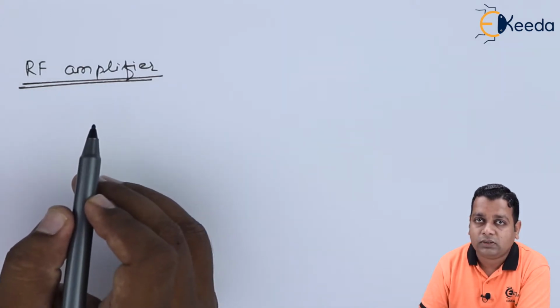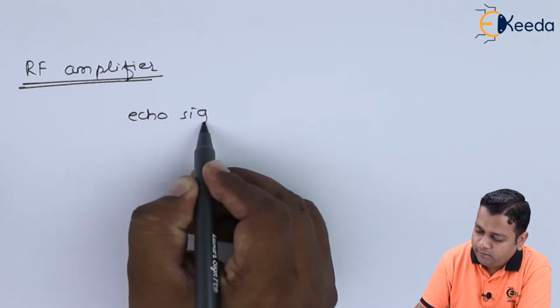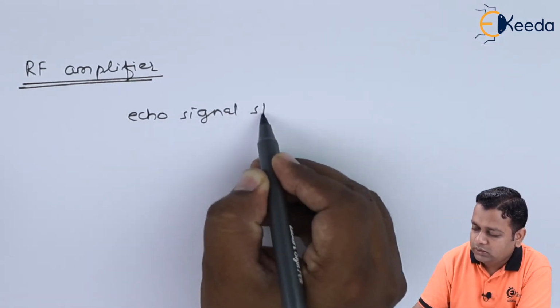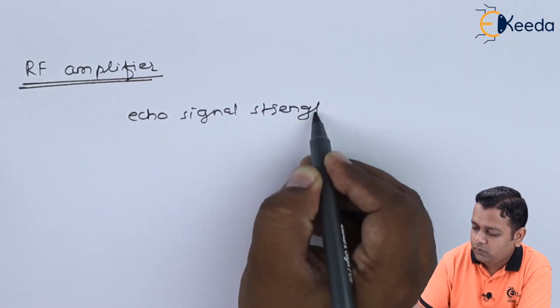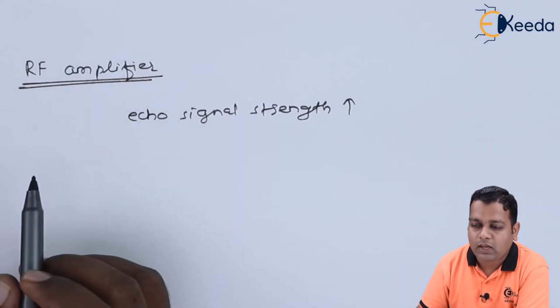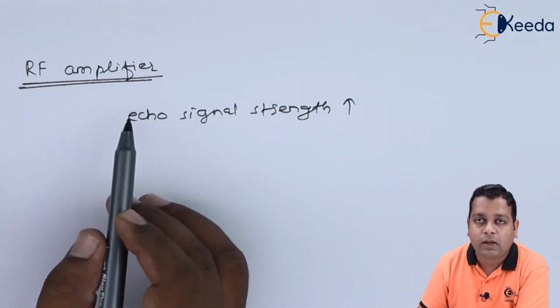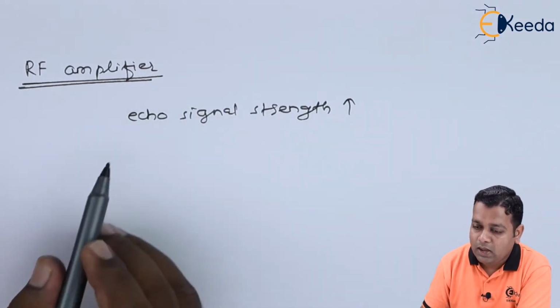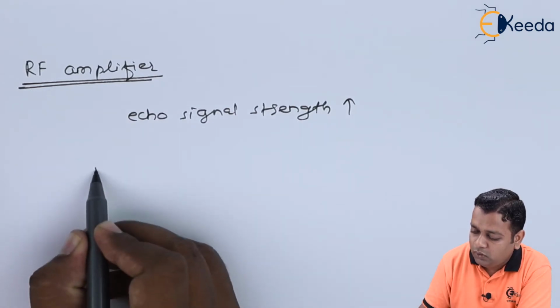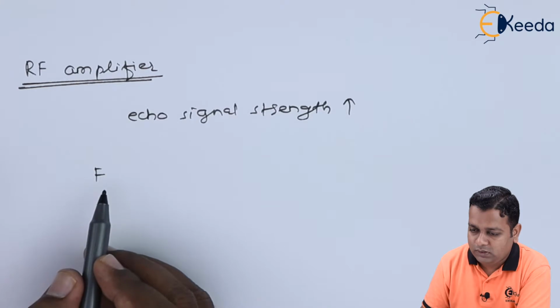The echo signal strength is boosted up by the use of the RF amplifier. While considering the RF amplifier, there is the role of the noise figure, which we can denote by capital F.